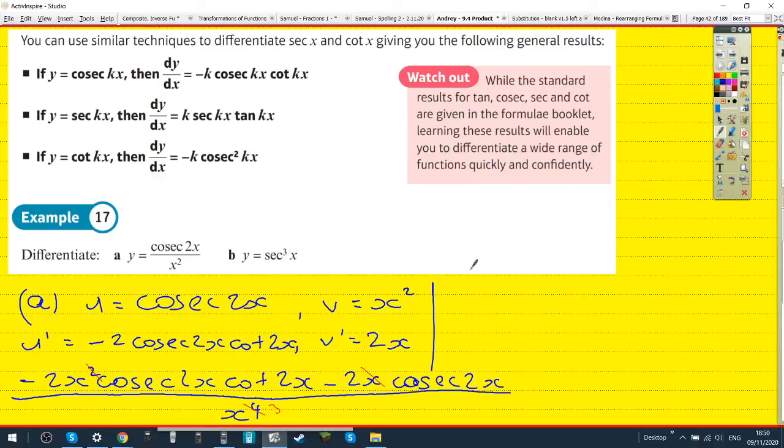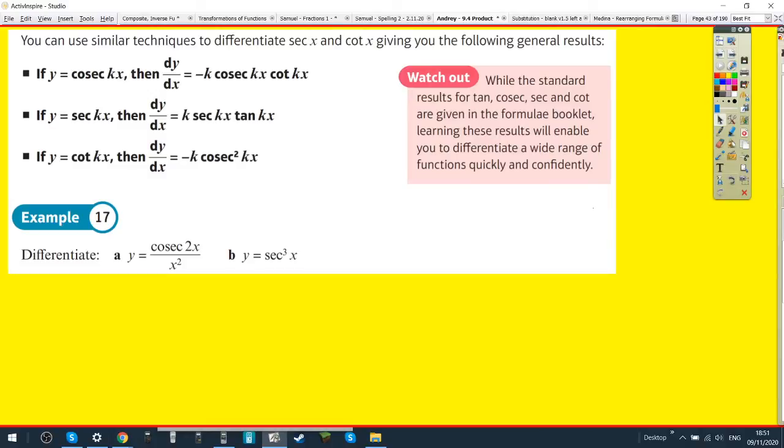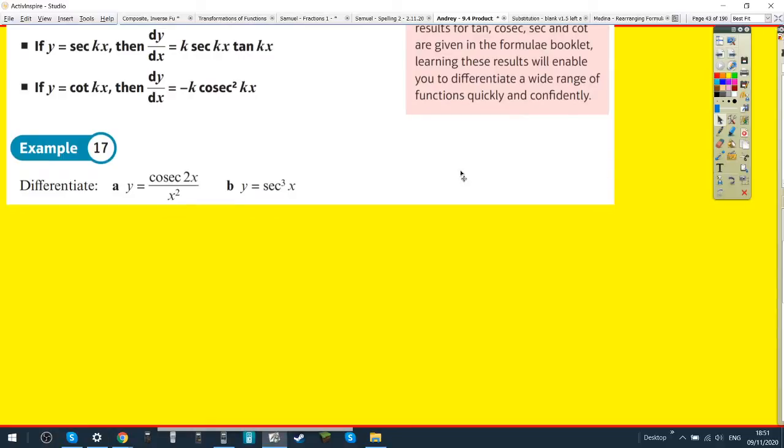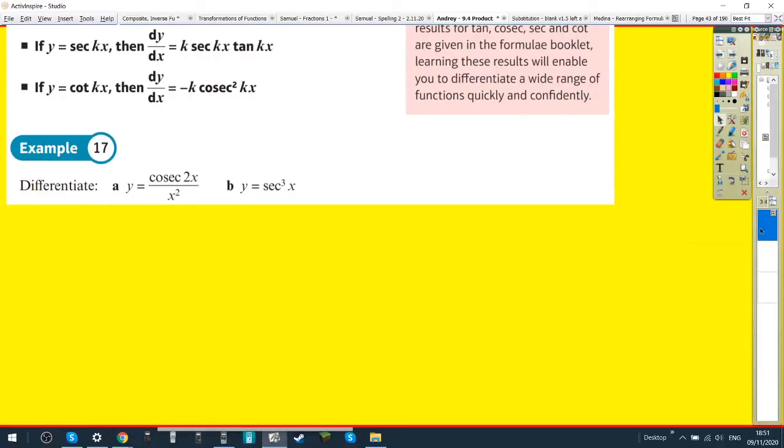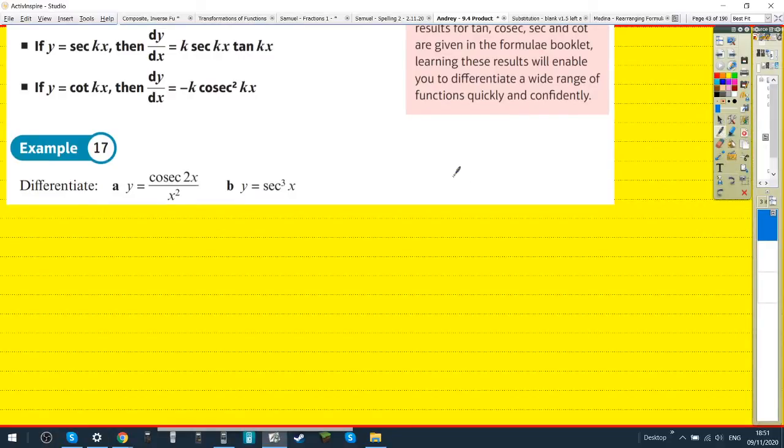And b. So that will become sec cubed x. Should I just do sec x on its own without the cubed? I would do sec x and then like that cubed. Yeah.